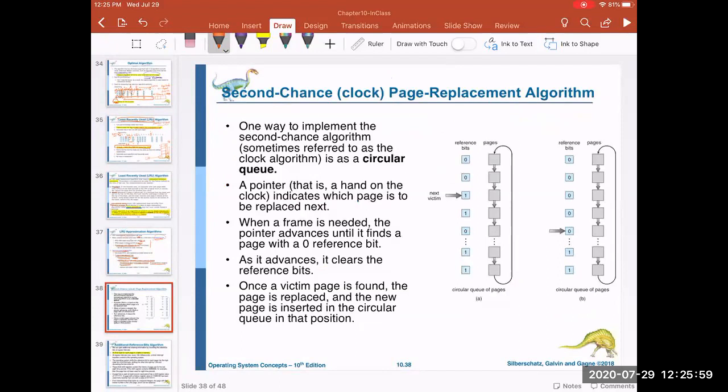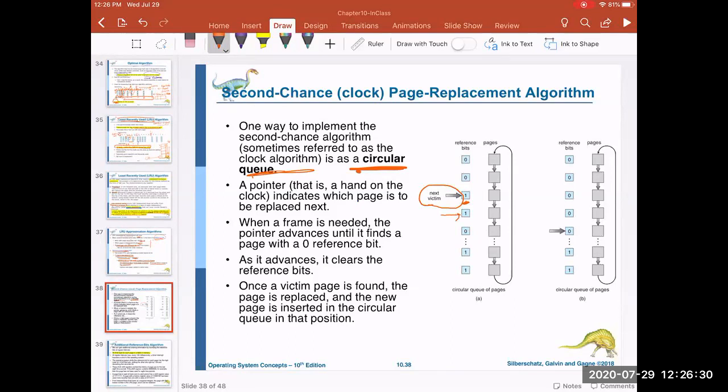So how is it implemented? It is implemented using a circular queue. All of you know what a circular queue is. Let us suppose we want to find our next victim, but when it searches this particular location, the reference bit was 1. So this page should be given a second chance, and the pointer moves to here.